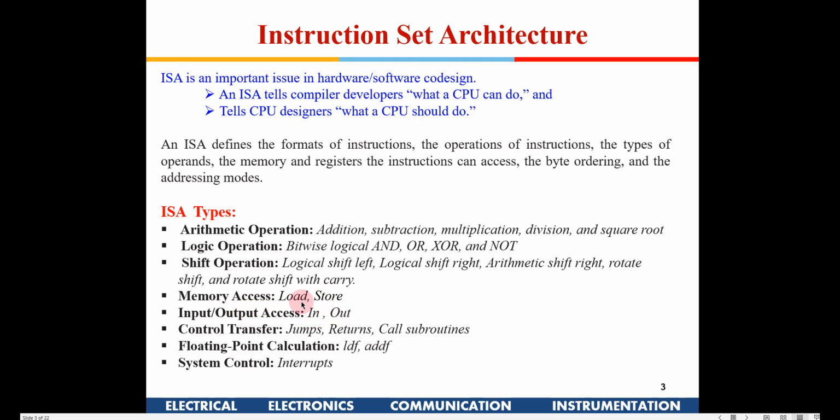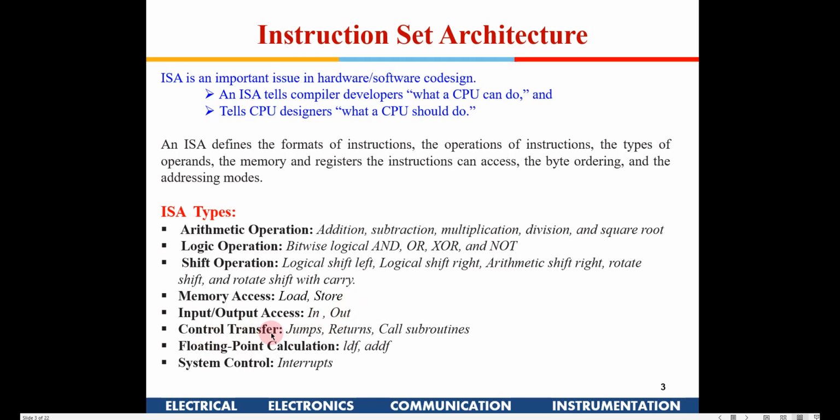Load and store transfer data between the memory and the internal registers, whereas in and out transfer input output data from the registers to the IO devices which are connected. It could be a printer, a monitor display, or an input from a keyboard or mouse. So these are the kinds of ISAs that we have.